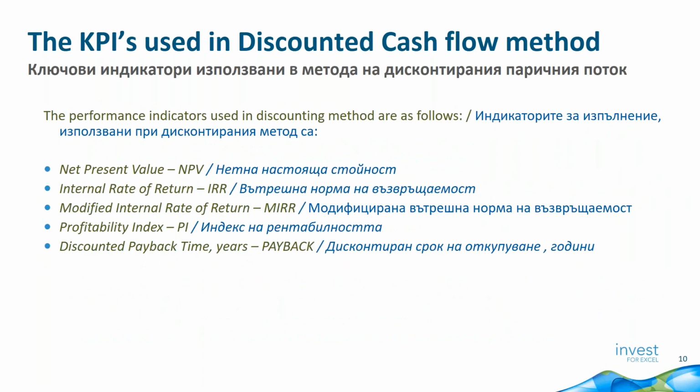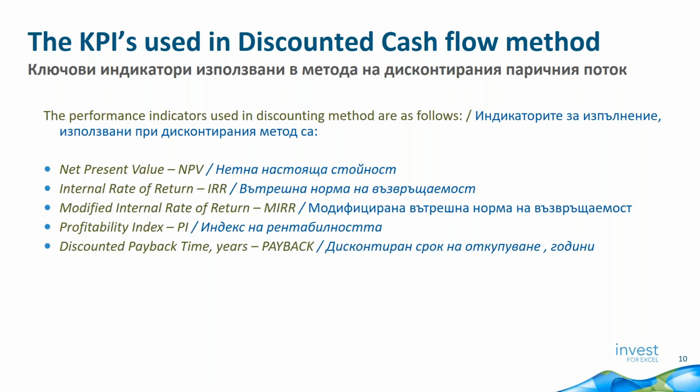Then the KPIs. The performance indicators, the profitability indicators used in the discount method, the most important ones are the net present value, NPV, that's the most important one, the sum of discounted cash flows, the internal rate of return, IRR, that's just like the return on annual basis on the invested capital, the modified version of IRR, and profitability index, PI, and the discounted payback time in years.